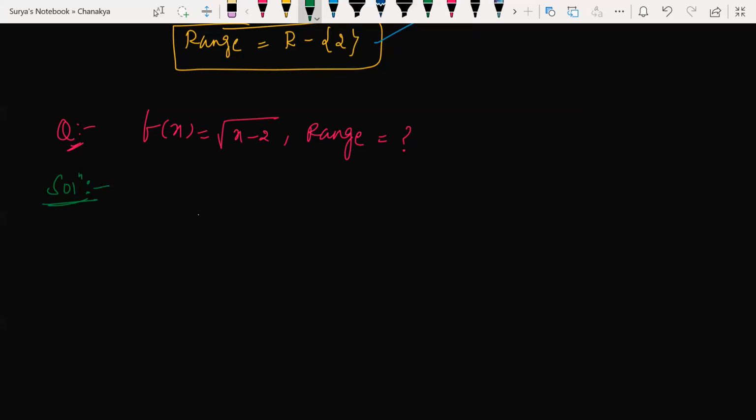First of all, this is a square root function. What you have to do is convert the function y in terms of x. So y is equal to square root of x minus 2. Squaring on both sides, y square is equal to x minus 2. X is equal to y square plus 2, sorry.